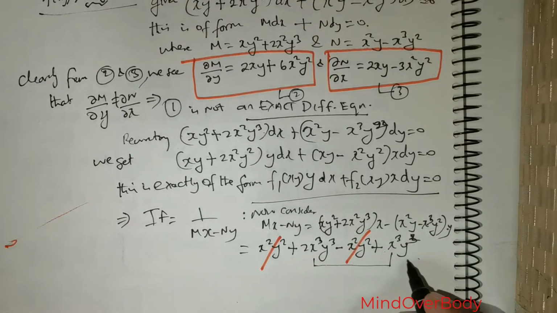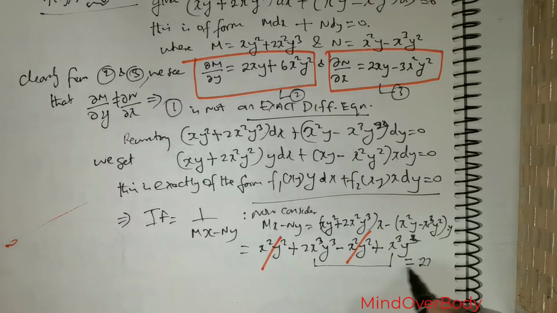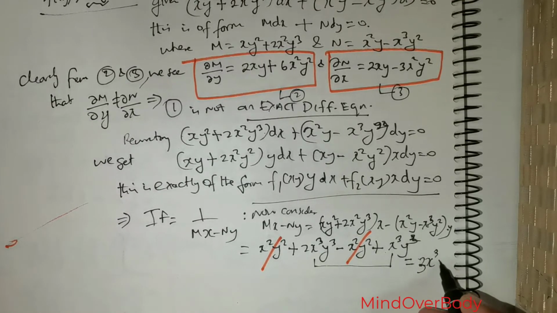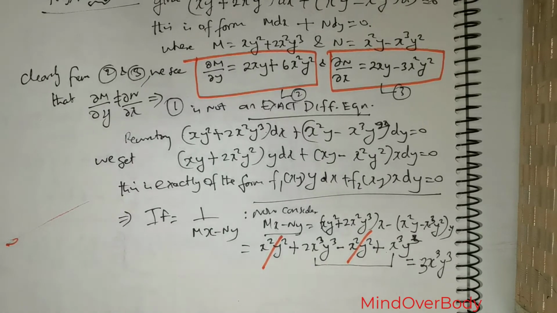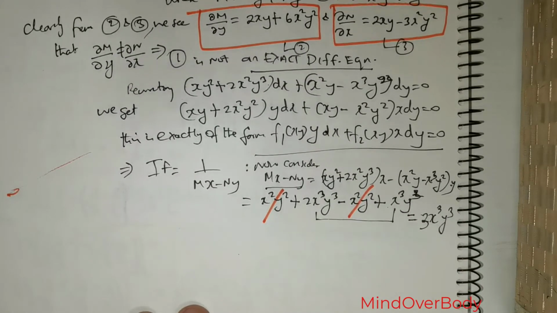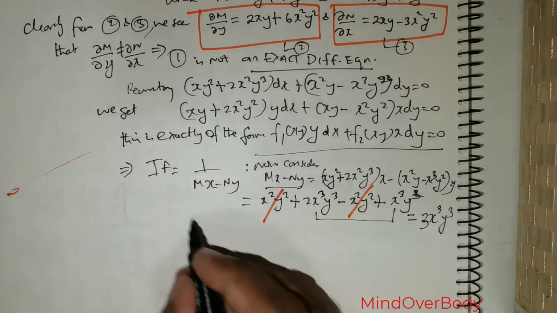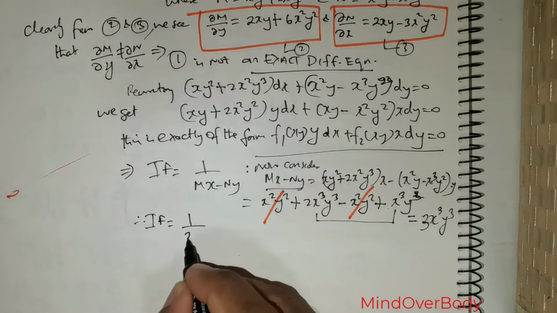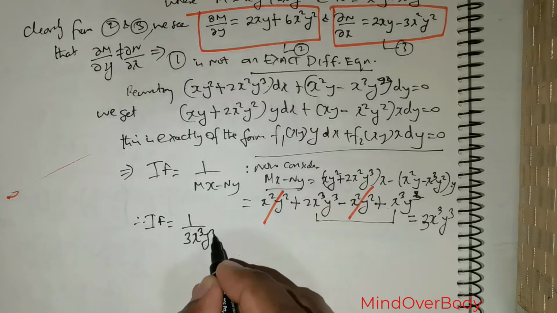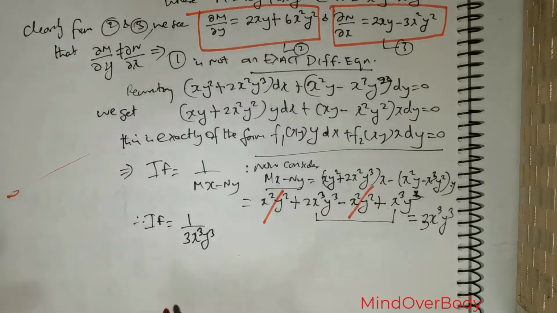These two can be added together, giving 3x³y³. So this is my Mx − Ny. Therefore the integrating factor is 1 over 3x³y³.